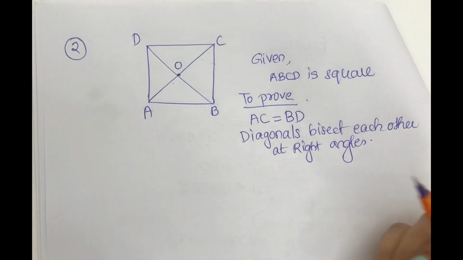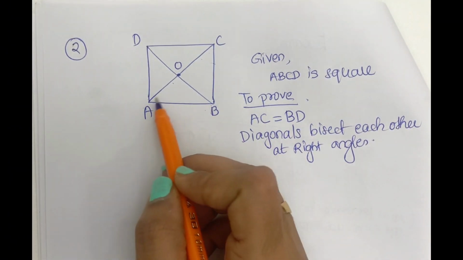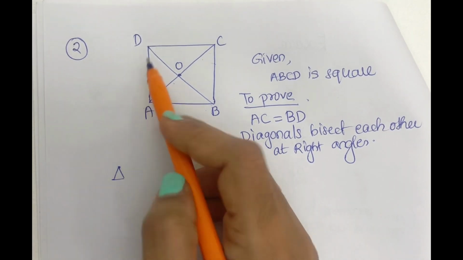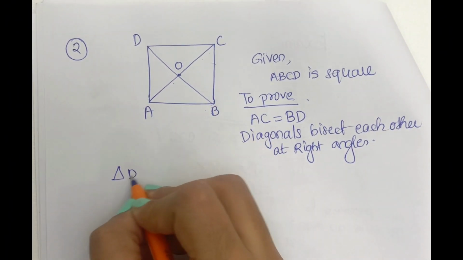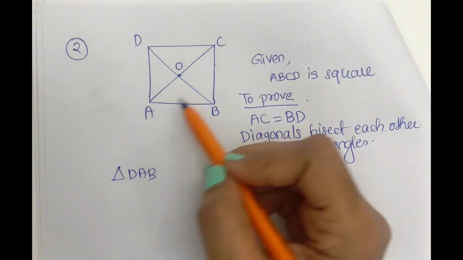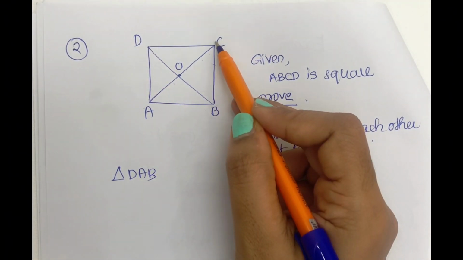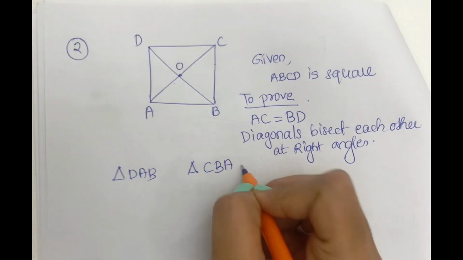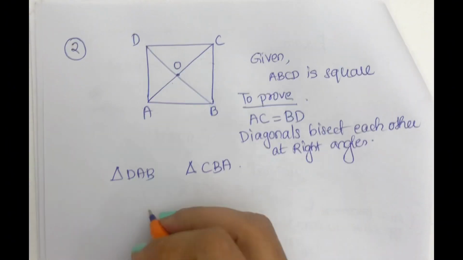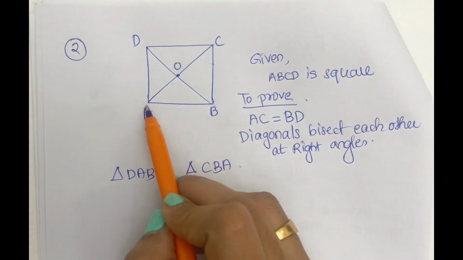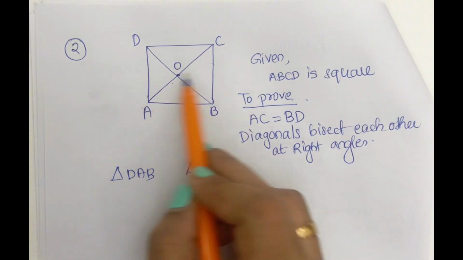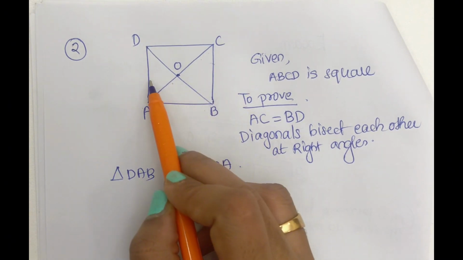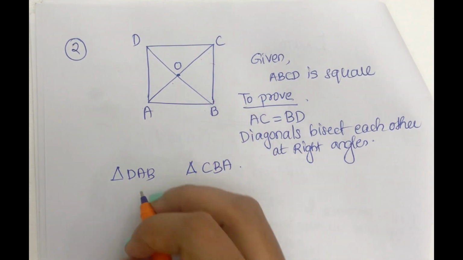Okay, so now let's take these two triangles, triangle DAB and triangle CBA. The sides of the square are equal, so in this triangle and in this triangle, AD is equal to BC.